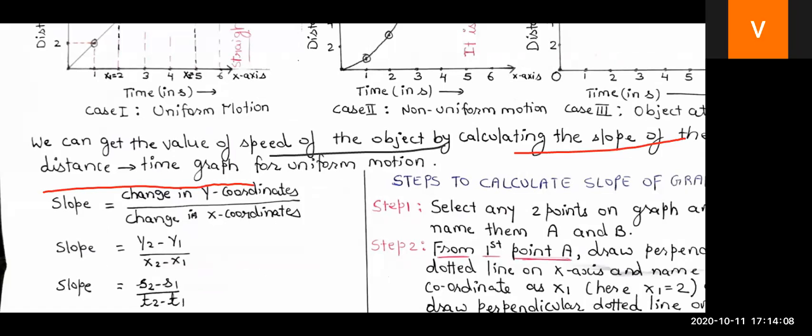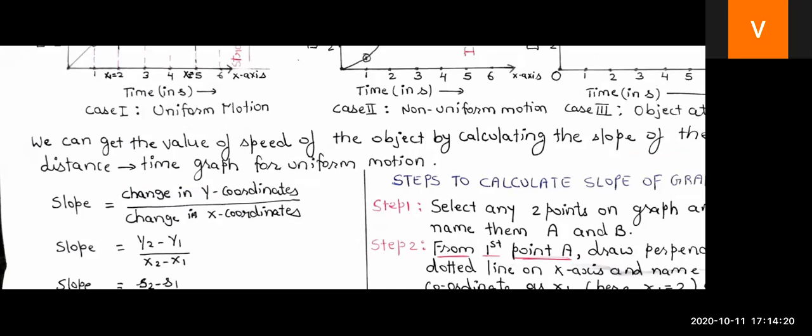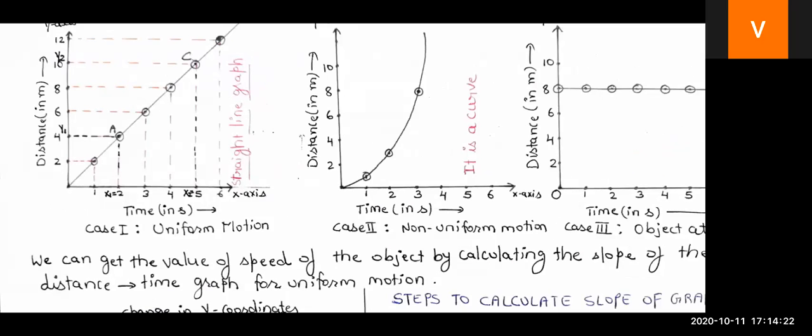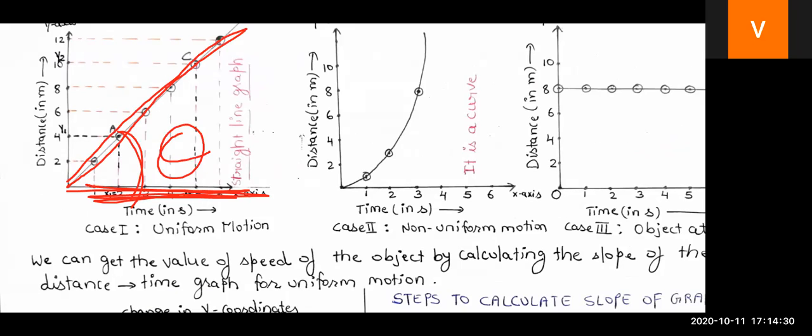Slope means the graph line is at what angle, how much inclined it is with the x-axis. So as we know, this is our graph line. Then with the x-axis, how much it is inclined, that gives you the value of slope.